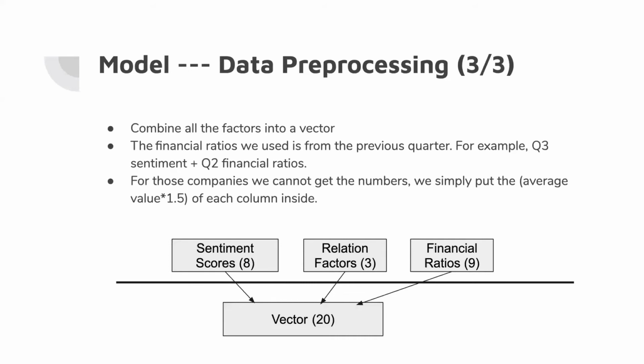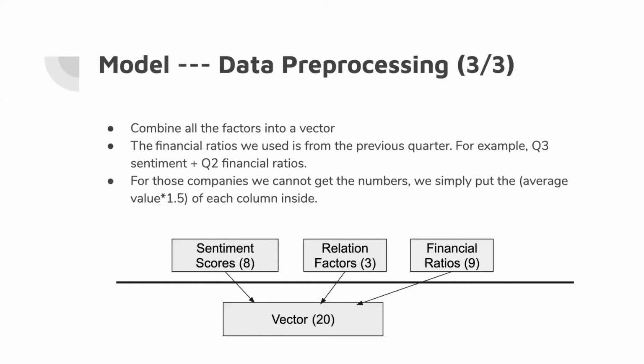However, we also give this kind of company a penalty. It's about 1.5, since the idea we want to convey is that if the company doesn't reveal any information about itself, we can hardly believe it.